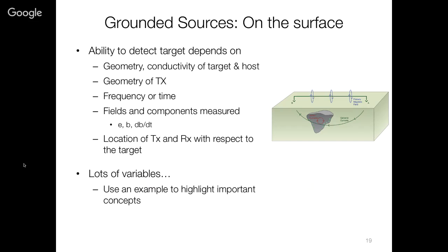Which fields am I going to measure: E, B, dB/dt? And the location of the transmitter relative to the receiver. So there's, again, a zillion variables and lots to explore. But we just want to use a simple example to illustrate the context. And if you do that, then I think you'll have a good idea of what's going on.